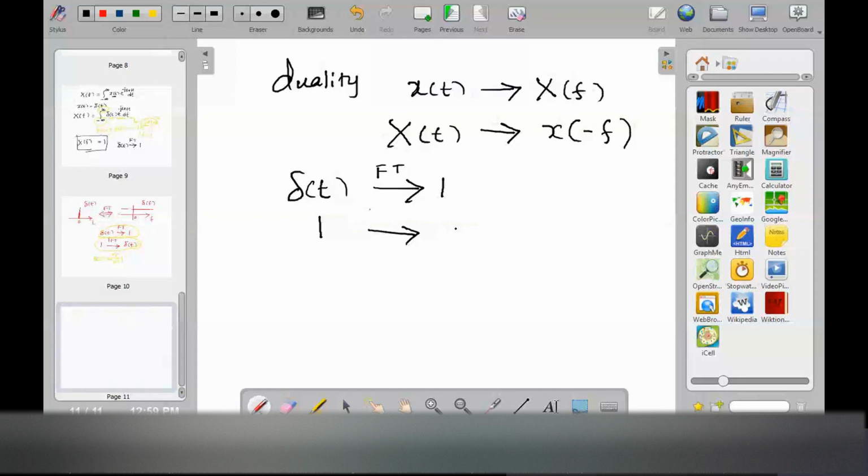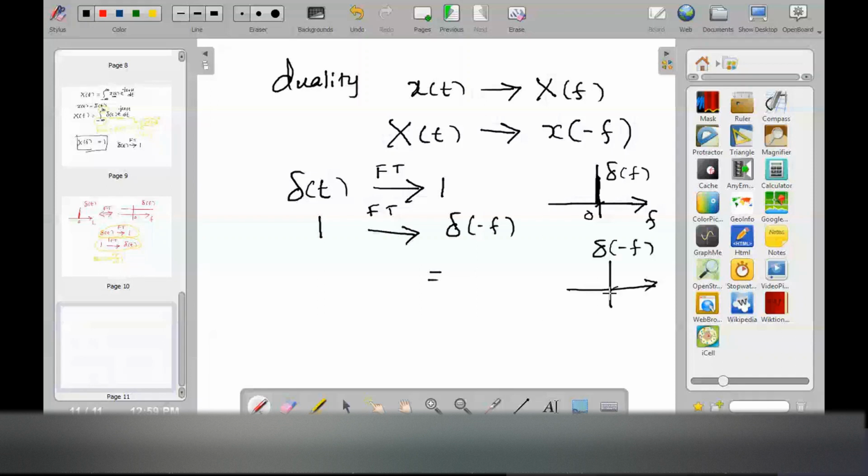According to this, delta of minus f. Is it correct? That means if I take delta of f, this is frequency, and this is 0. At 0, it is there. This is delta of f. If I take delta of minus f, then again I will get the same thing or something different?